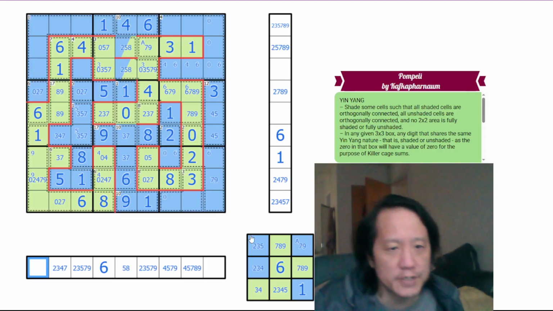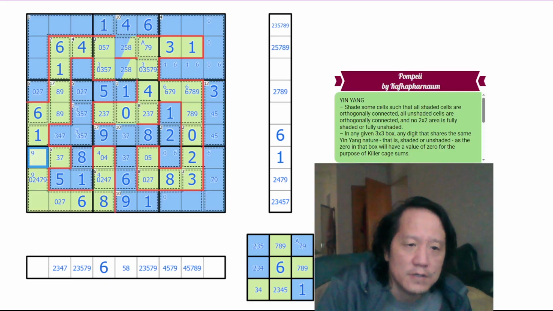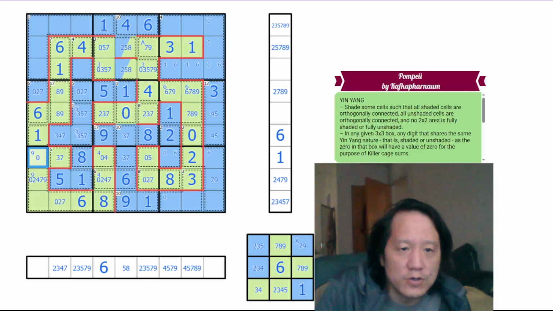Okay. Remaining digits in row 8. Could be 0, no 1, no 2, no 3, 4, 5, 6, or 9. This can't be 6 because of the 6 in the row column. 0, 4, 5, 6, 9. This can't be 4 or 5.